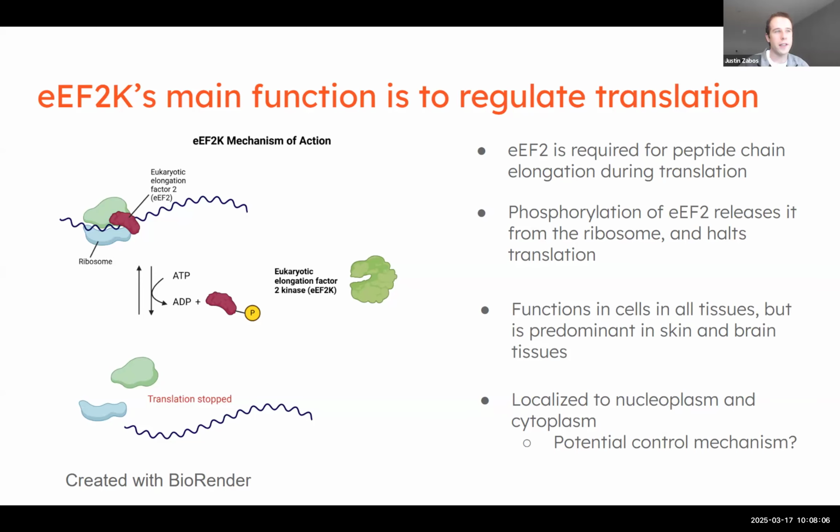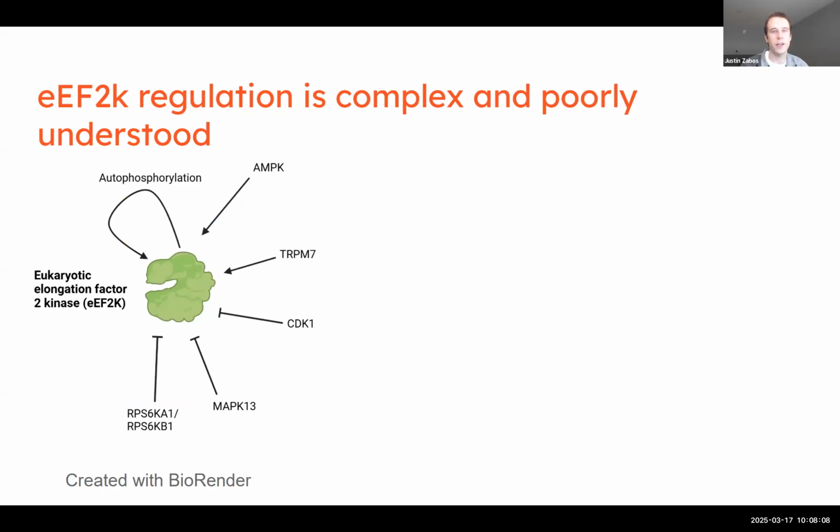The regulation is pretty complicated and not very well understood, but it is regulated by phosphorylation by a variety of kinases. In particular, low energy signals like AMP can activate AMP kinase, which will phosphorylate and activate EEF2K, which will then inhibit translation.